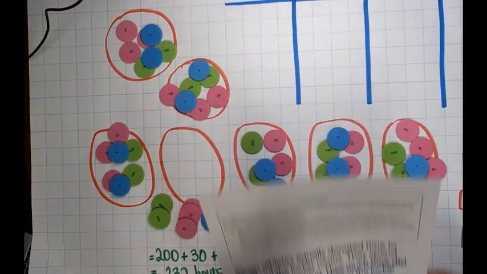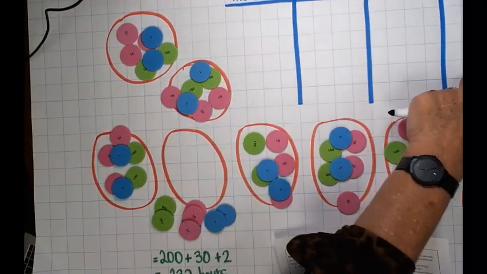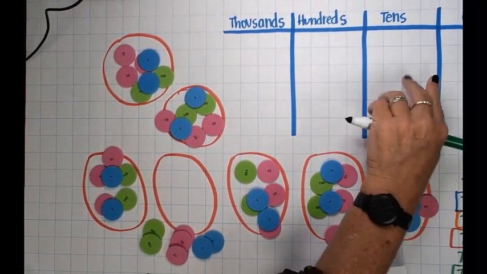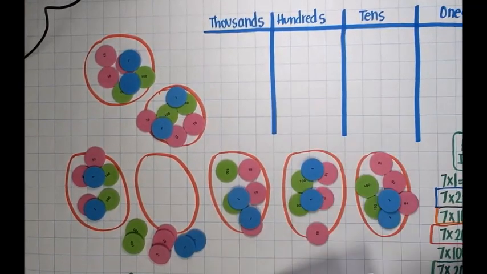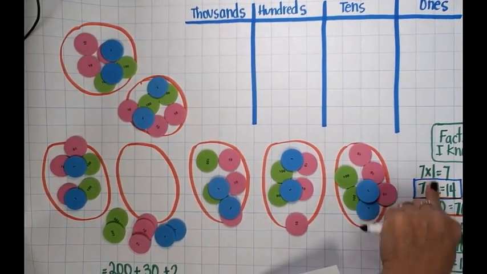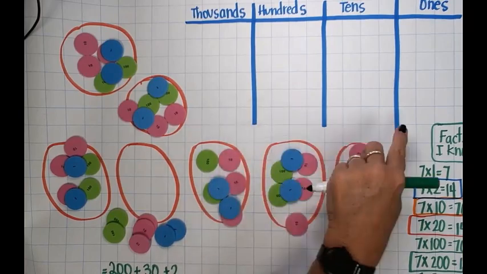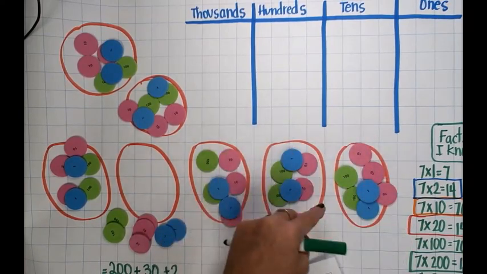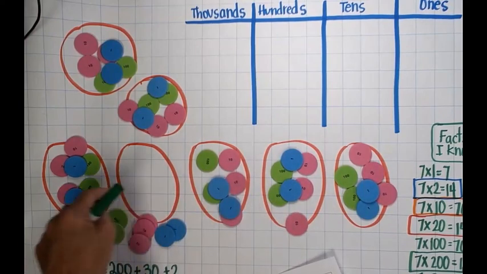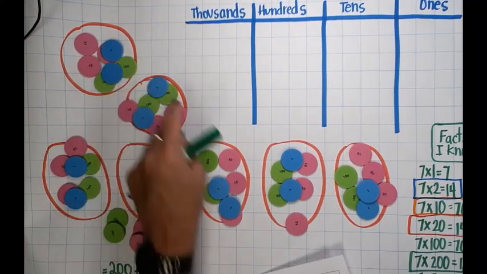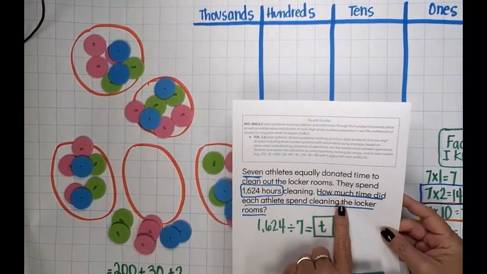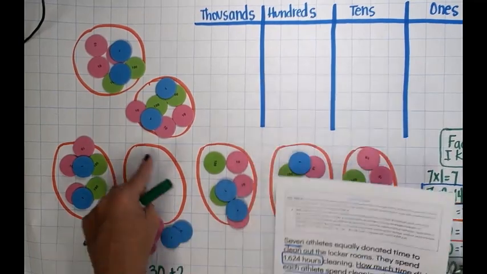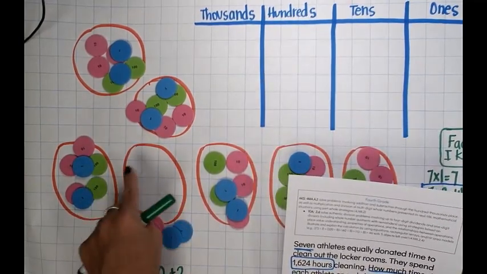So we began with placing the value of 1,624 in our place value chart. And then we wrote down our facts that we knew. And we used this information to help us decompose the different place value discs to find how many would go into each athlete's circle. Because we are finding out how much time each athlete spent cleaning their locker, we're only going to take a look at just one of the circles.